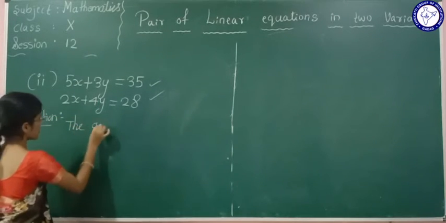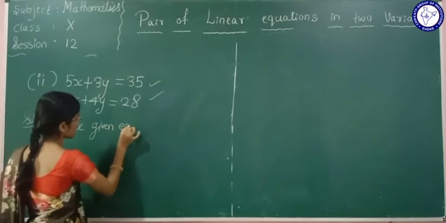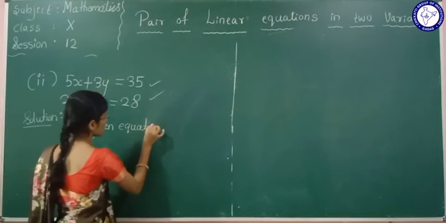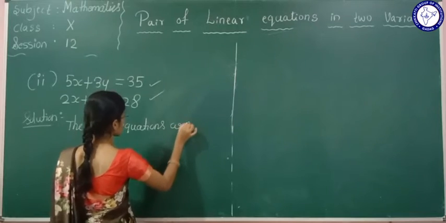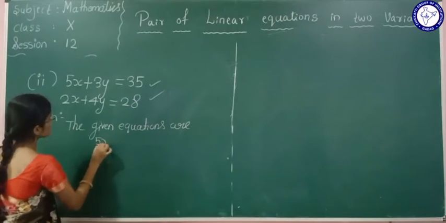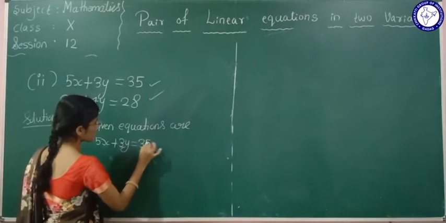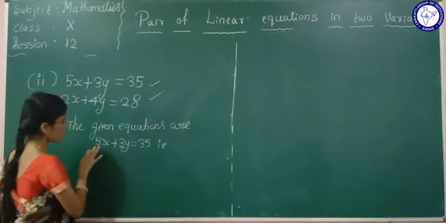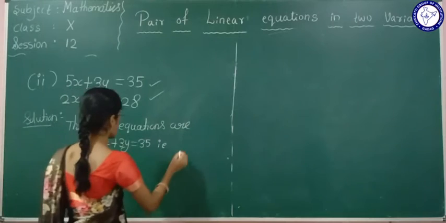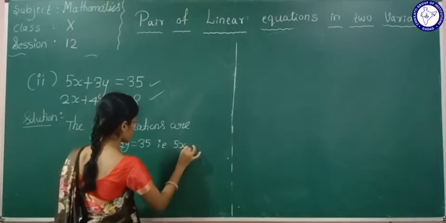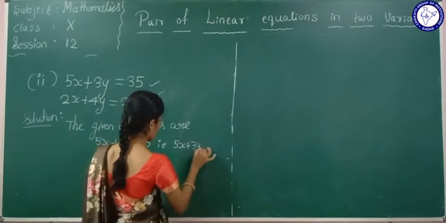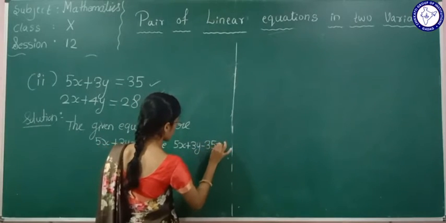Solution. The given equations are 5x plus 3y is equal to 35. I told you to write this in the form of ax plus by plus c is equal to 0, that is 5x plus 3y minus 35 is equal to 0.